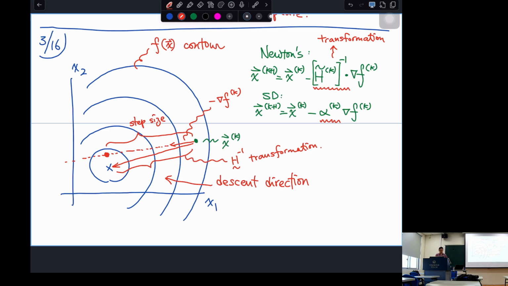So Newton's method is great, but it's costly. The drawback of Newton's method: costly. So Hessian calculation is costly. Okay? And the drawback of steepest descent: it may not be effective.